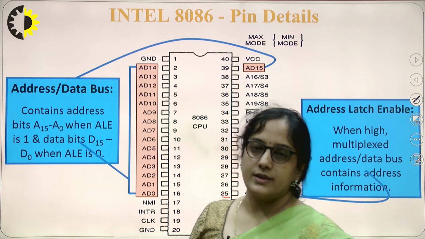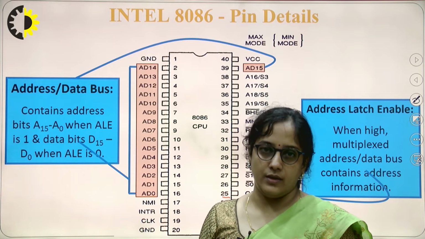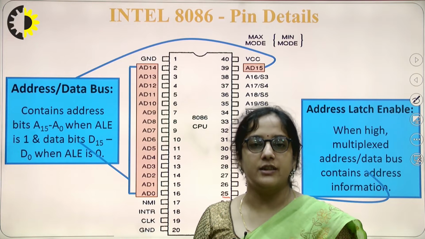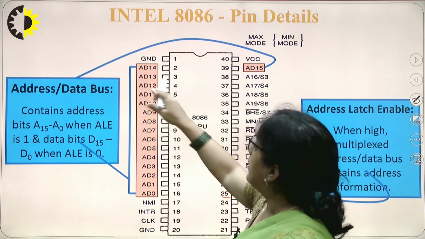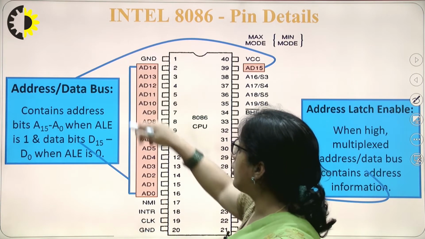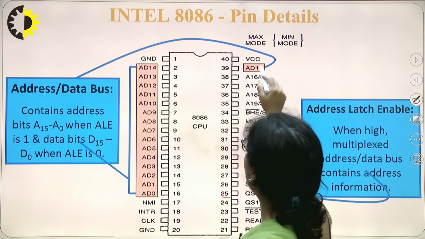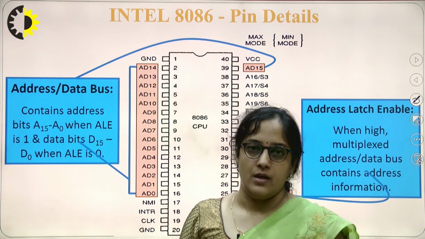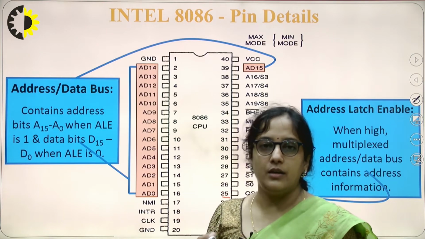Whenever the microprocessor starts communication, in the first clock cycle of any instruction, the value traveling on these AD lines, pin number 16 to 2 and 39, is the address. Now this address gets latched in a latch system.